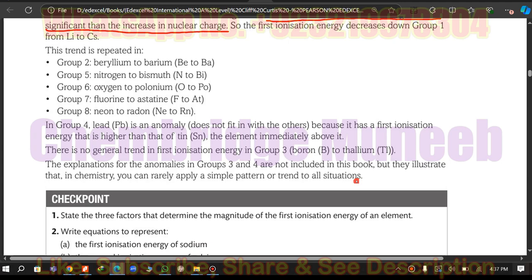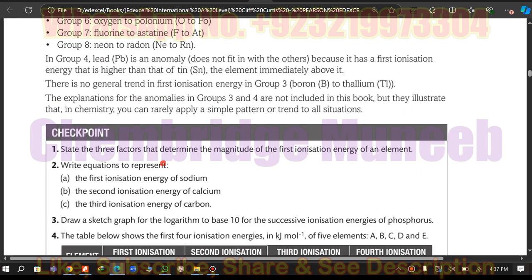It is a fact that in chemistry you will find a lot of exceptions. Not a single trend can be applied everywhere. There will always be some anomalies or exceptions. So this exception is not going to be discussed here, so we will leave it behind.